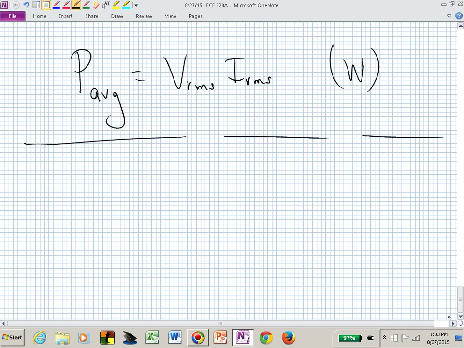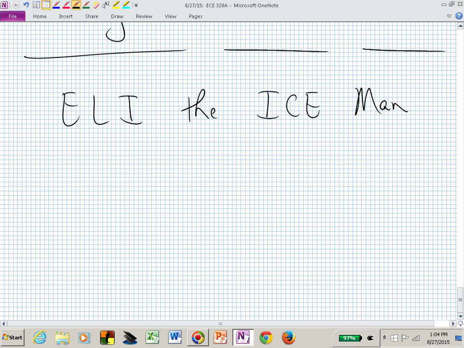Now we need to step it up a little bit and look at inductors and capacitors. And do you remember Eli the Iceman? Yes? Eli the Iceman, that's something else you probably want to try to keep in your head, at least for this semester or beyond. But this now gives you a way to remind yourself of the current-voltage relationships of inductors and capacitors.